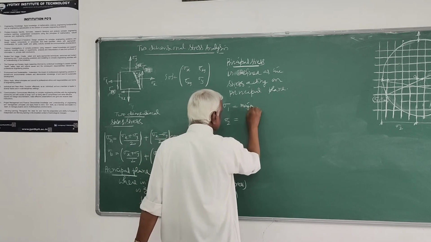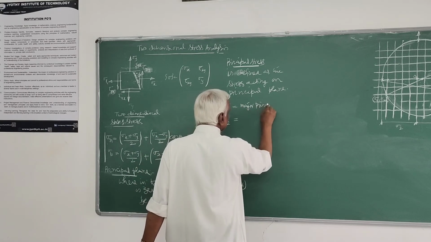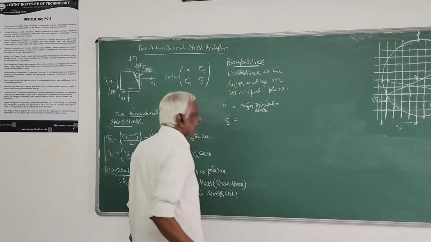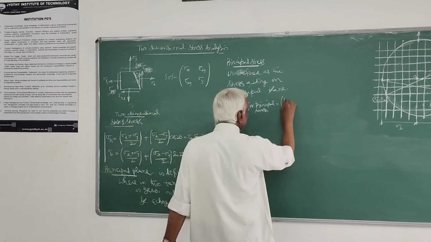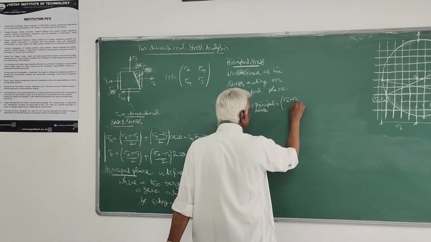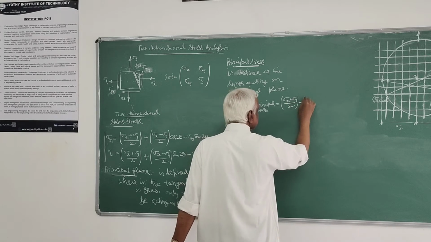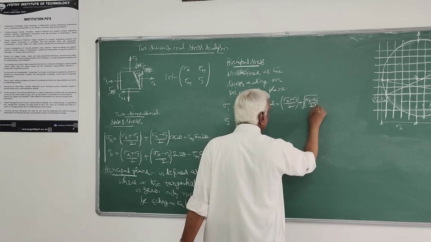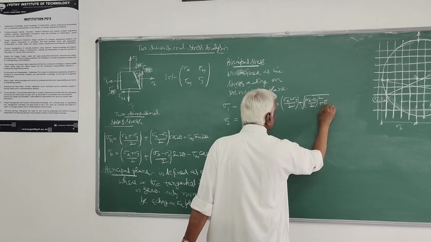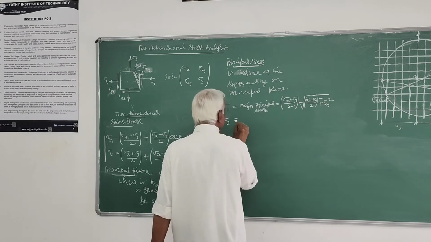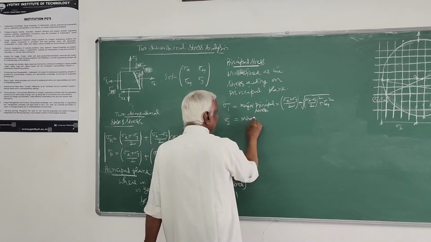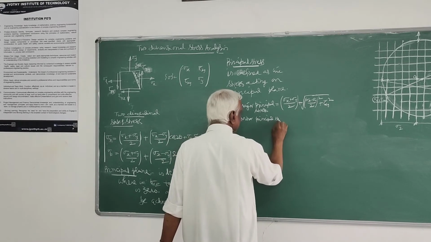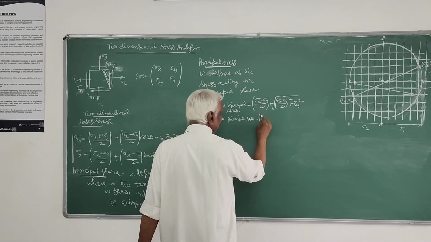Sigma 1 is called major principal stress, which you have derived in the class, which is given by sigma x plus sigma y by 2 plus square root of sigma x minus sigma y by 2 whole square plus tau xy square, and sigma 2, which we call it as the minor principal stress, is given by the same formula.